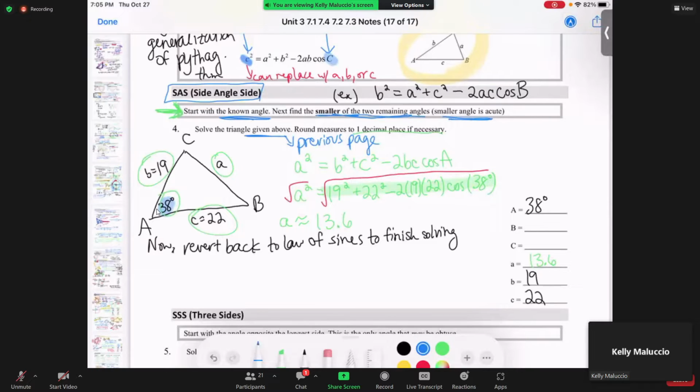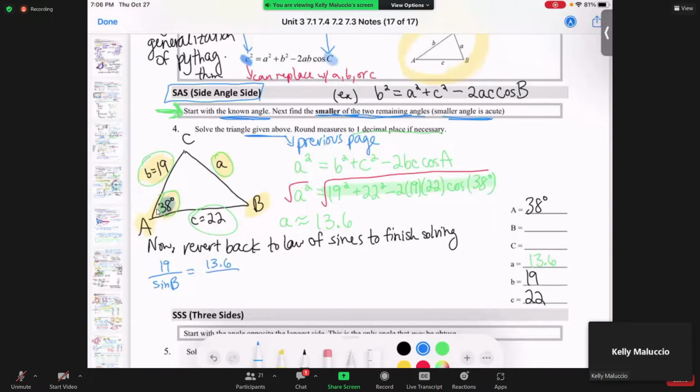So watch, what do we got here? I want to find, maybe I'll start with B. And it doesn't really matter here, but I'll start with B and I'll say, okay, 19 over sine of capital B has to equal, and then what did we just find? We found a, so it has to equal little a, which we just found, 13.6, over sine of 38.